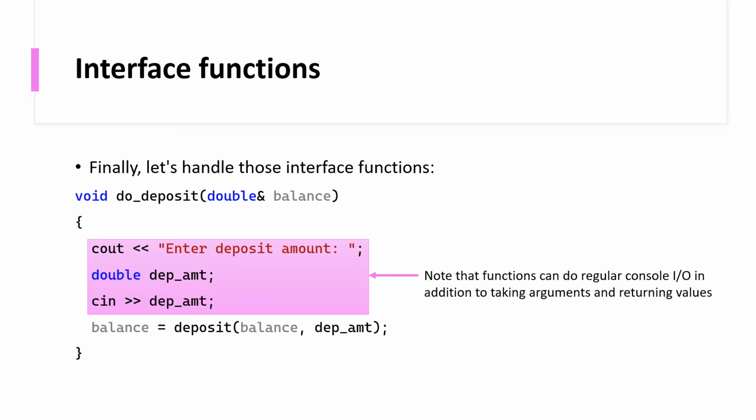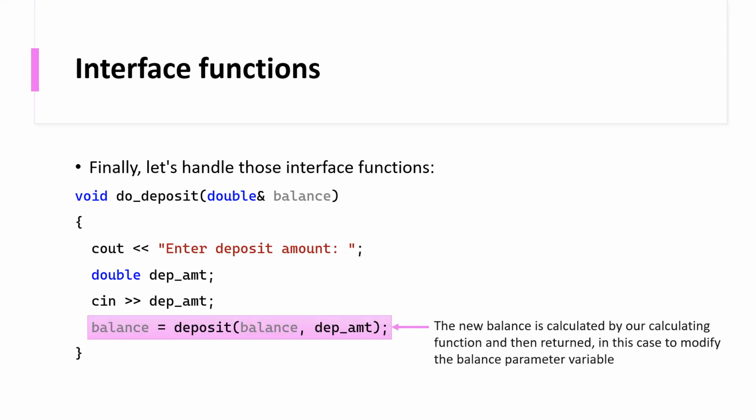And then functions can call other functions. Okay. The new balance is calculated by our calculating function, deposit, which then returns the new value, in this case, to modify the parameter value balance.